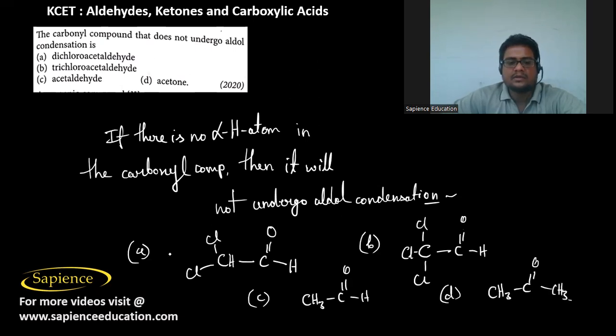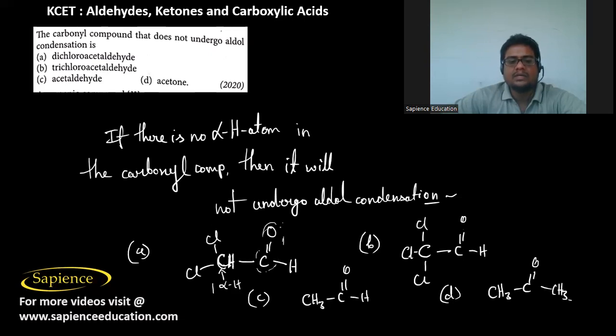So in case of option A, here we have one alpha hydrogen. Alpha hydrogen means the hydrogen atom which is attached to the carbon atom that is linked with the CHO group or the carbonyl group.